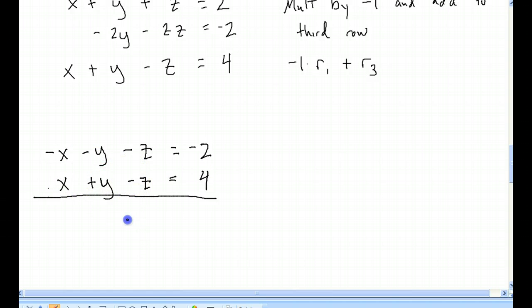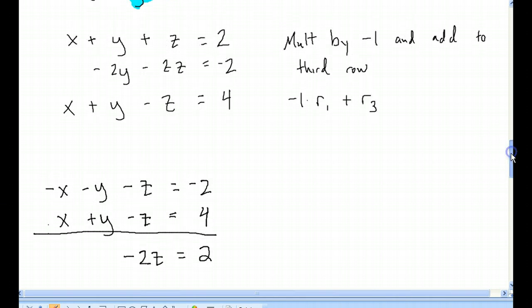The only thing I'm left with is a negative 2z equals, adding these together gives me a positive 2. And once again, just like I did before, I'm going to take this that we just got here. Again, this is negative 1 times r1 plus r3.